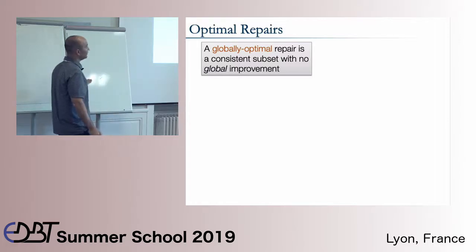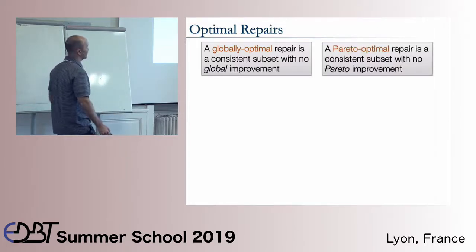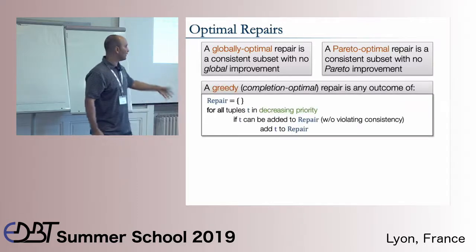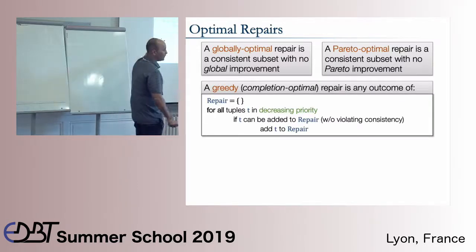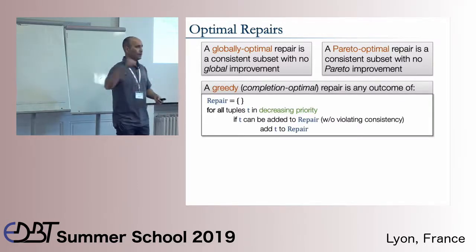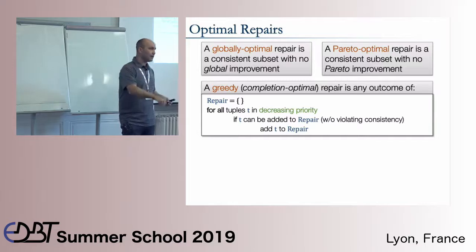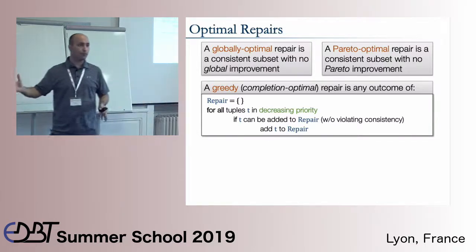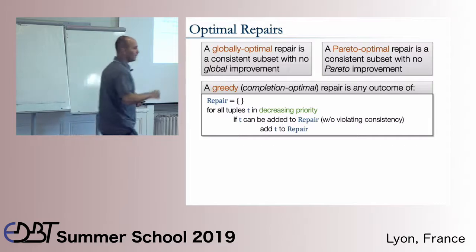It is globally optimal if it doesn't have a global improvement, Pareto optimal if it doesn't have a Pareto improvement. You can also think of a third one, which is the greedy solution, what you would get by finding the best tuple and then the next best tuple that is consistent with what you've selected so far, and so on.